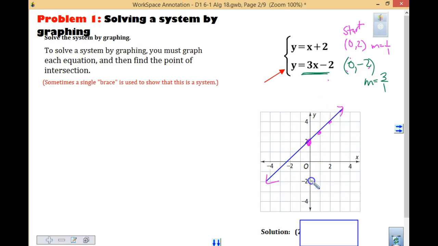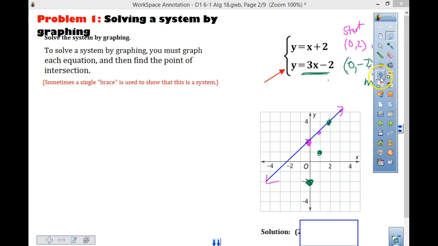So I'm starting down at negative 2, and I'm counting up 3 and over 1. And I count up 3 and over 1. What you are going to be doing is looking for the point of intersection. So again, you are going to take your straight edge and draw that nice line.